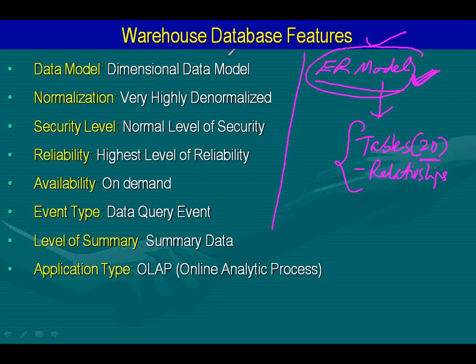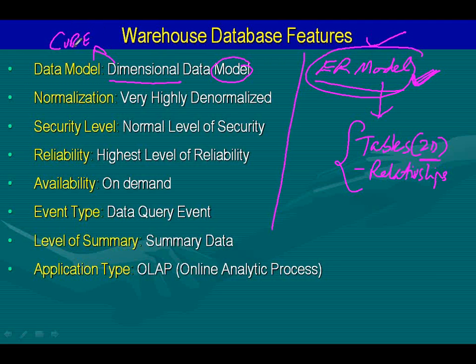Whereas the warehouse model is a dimensional model. This model talks about dimensionality, like multi-dimensional storage structures, not two-dimensional. So in a warehouse we talk about data storage done in terms of cubes.